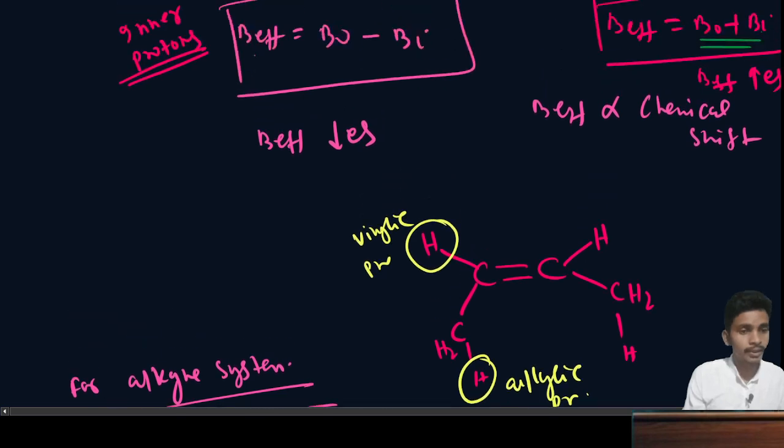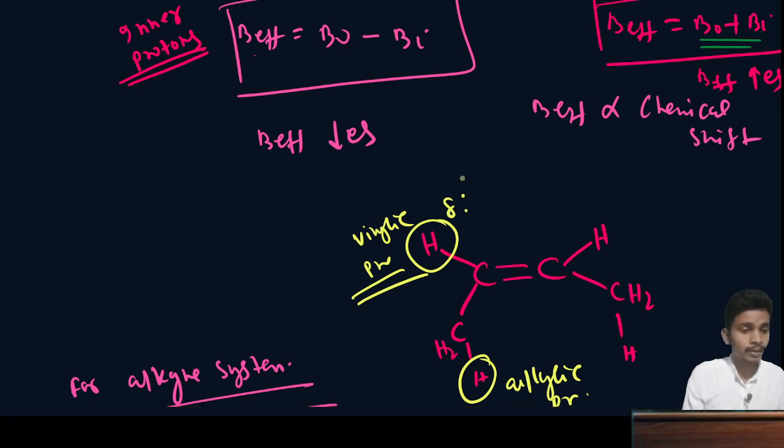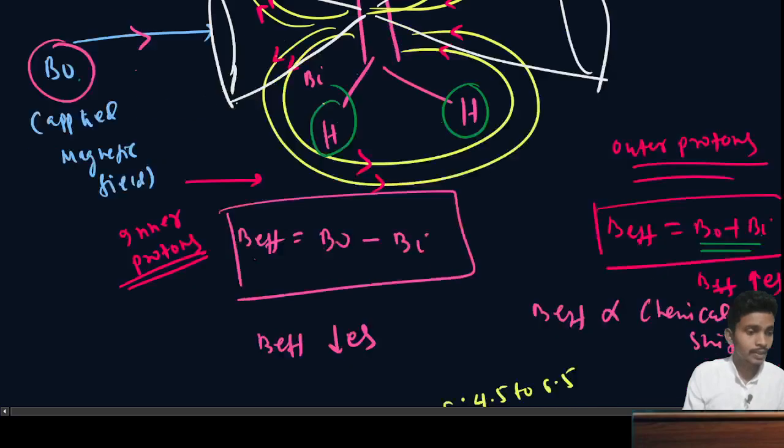This anisotropic effect is applicable only to the vinylic protons. For these, the chemical shift is 4.5 to 6.5 ppm.